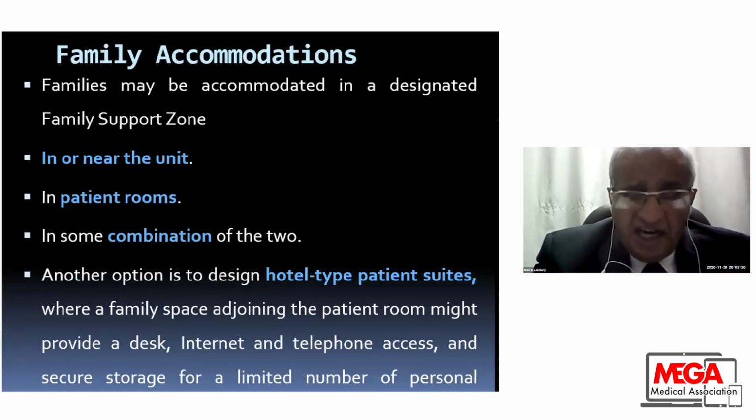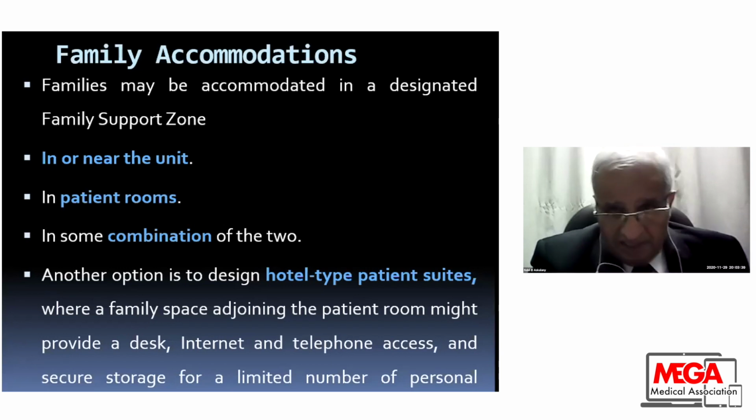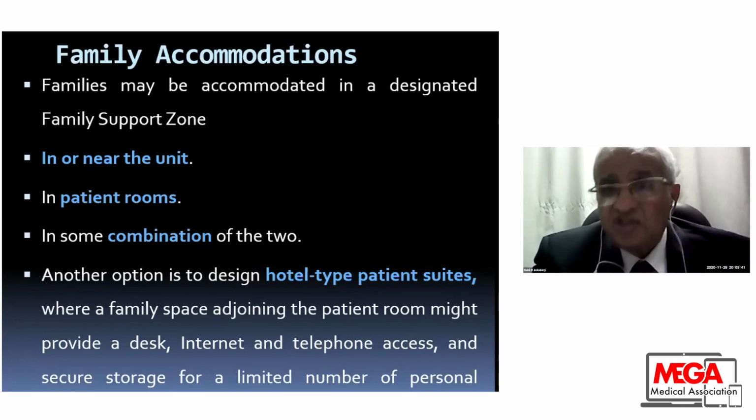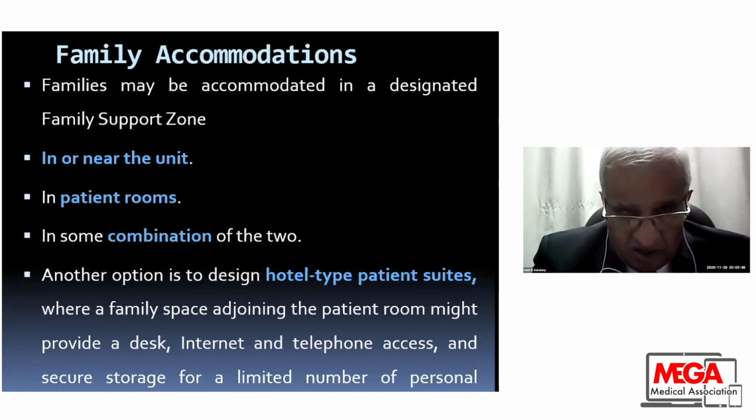It should be in or near the unit or in the patient room itself, or a combination of both. And in some places, we've got hotel type suites nearby the hospital in which the patient is concerned, where a family space adjoining the patient room might provide a desk, internet, and telephone access, and secure storage for a limited number of personal items.